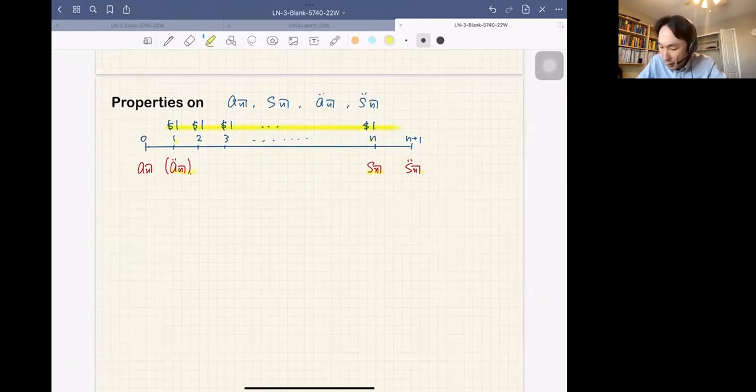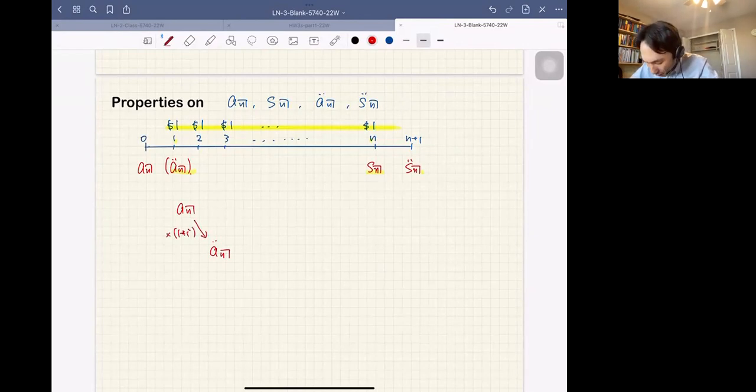So that means we only have to remember a right angle n. Then a double dot right angle n is just 1 plus i times a right angle n.